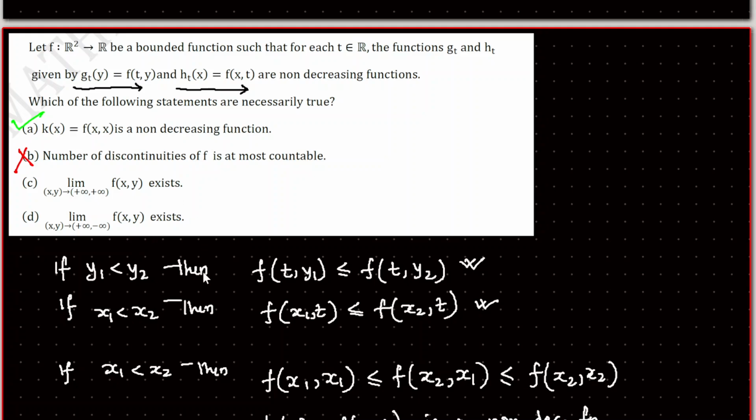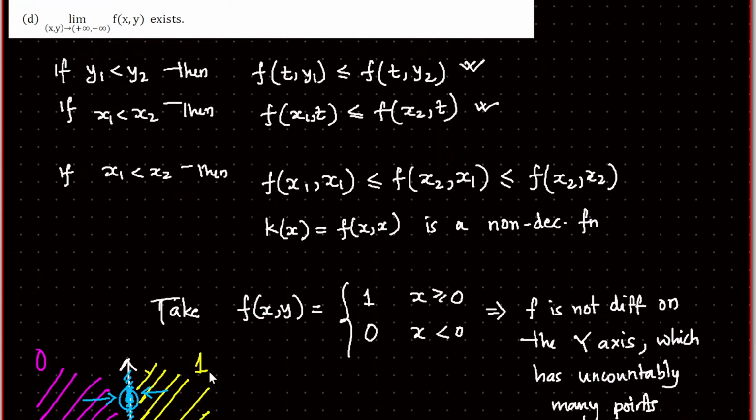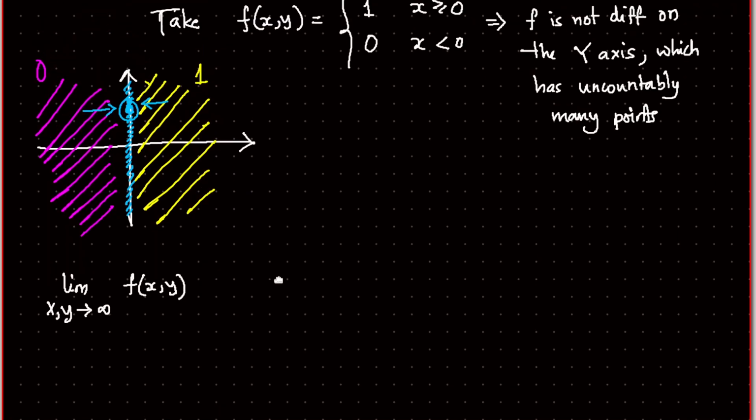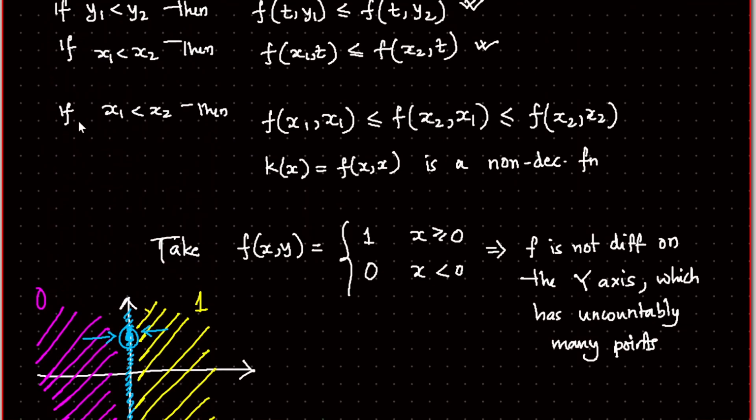The third one says that with x and y both going to positive infinity, whether the limit of f of x comma y exists. So we need to look at the limit of f of x comma y as both go to infinity. Now observe that we already had this inequality.